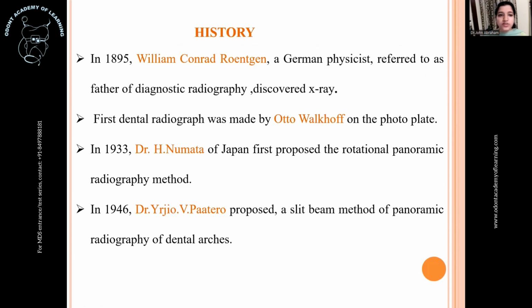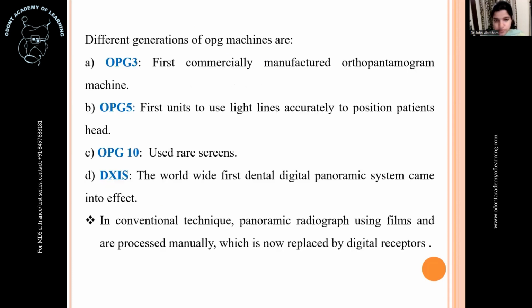Coming to the history of radiography, in 1895, Sir Wilhelm Conrad Roentgen discovered X-rays. Then dental radiography was first discovered by Otto Walkhoff, and in 1933 Dr. H. Numata of Japan proposed rotational panoramic radiography, and the panoramic radiograph that we use, that is the slit beam method, was proposed by Dr. Y.V. Paatero in 1946.